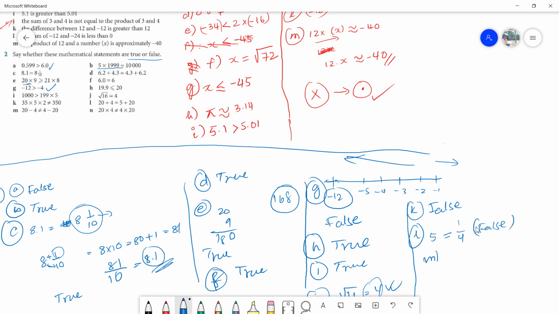M, 20 minus 4 is not equal to 4 minus 20. Yes, this is correct because 20 minus 4 gives 16, and 4 minus 20 gives minus 16, which is not equal. So the answer is true. It's correct.